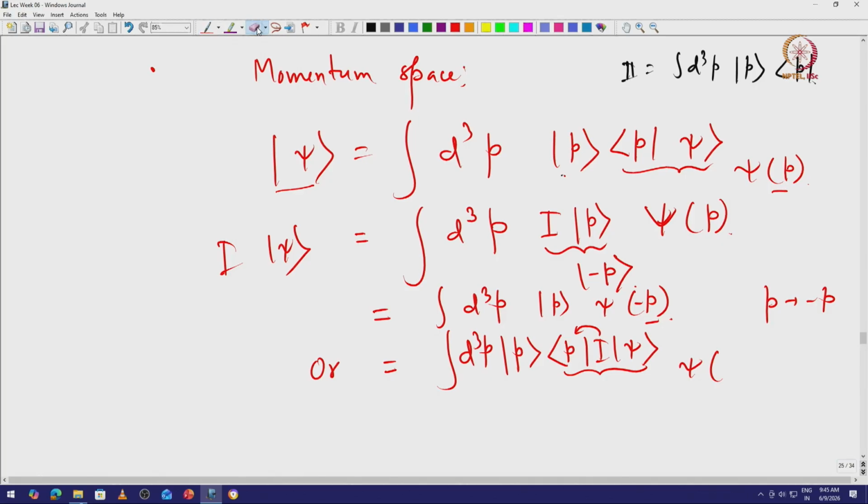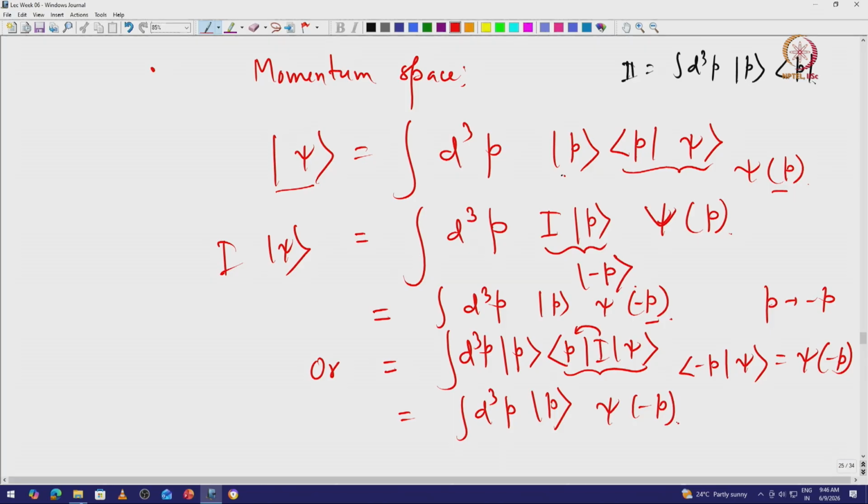One more step, it gives us minus p, psi, that is equal to psi of minus p. So in both ways we get that psi of p changes under inversion to psi of minus p.